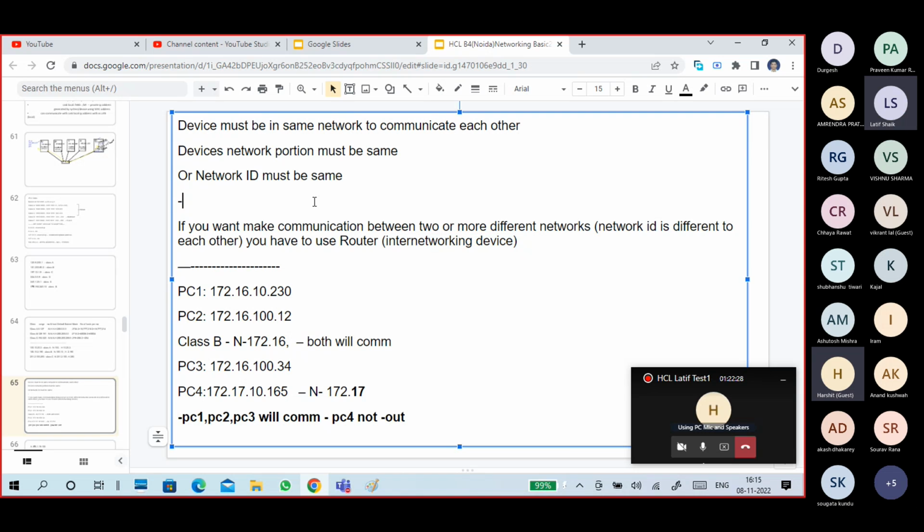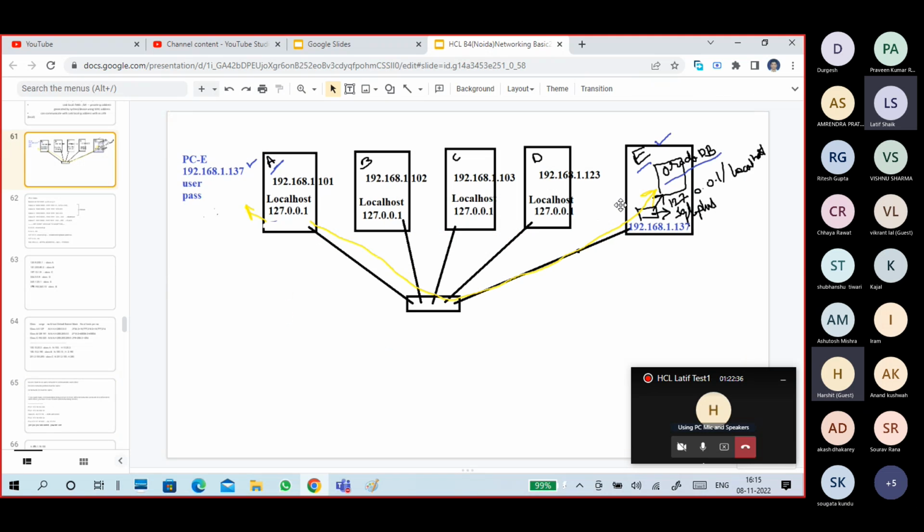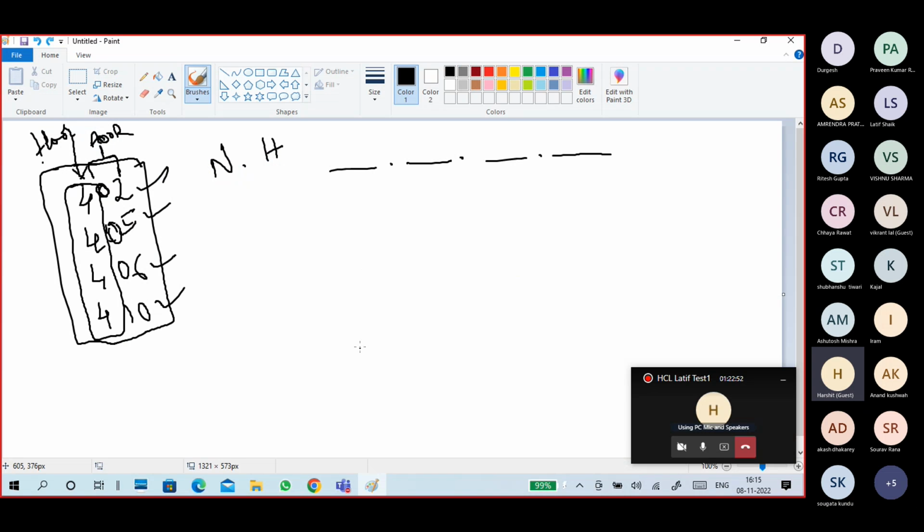Okay. But the point is very simple, guys. You have 10 computers. If someone's IP is different, their network is different. You have to correct it, that's it. In the LAN, if you have 10 computers, their network portion must be the same. If you have 50 computers in your LAN, all 50 computers are in the same network, which means their network ID must be the same.